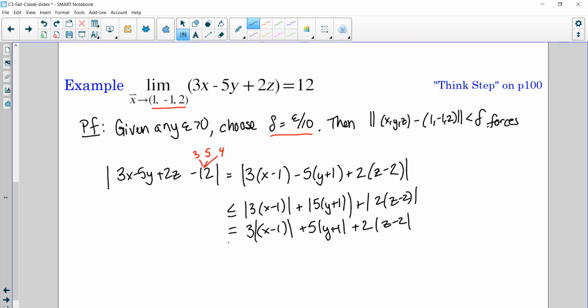And now, if I'm within this neighborhood, then each of these components is going to be less than delta. So what I end up getting is 3 delta plus 5 delta plus 2 delta, and that's a consequence of this part here. I'm within a delta neighborhood of each of these. So this is just 10 delta.